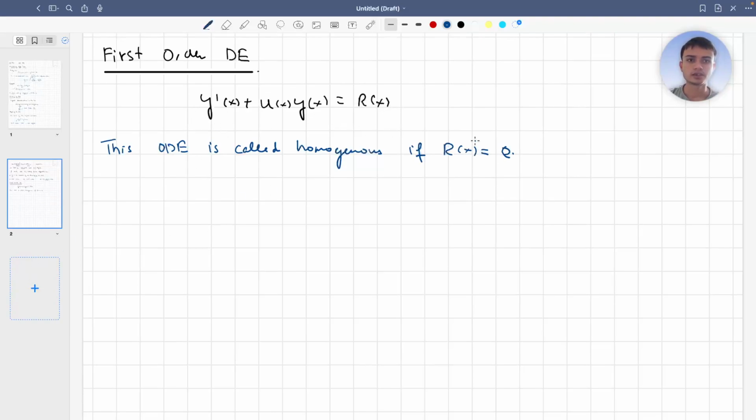So if r(x) goes to 0, then yes, this is an ordinary differential equation, and the solution turns out to be pretty simple.